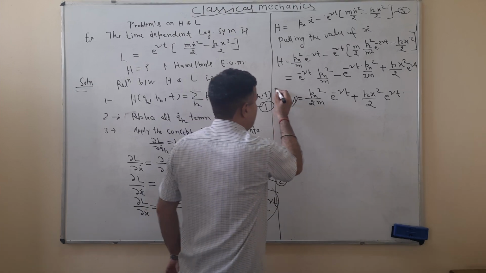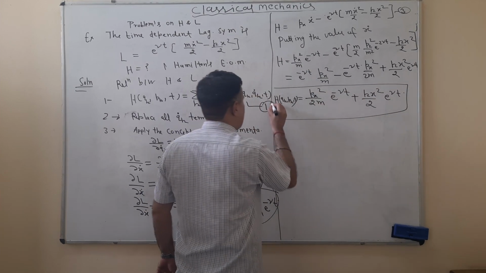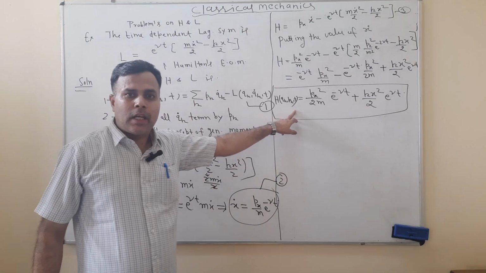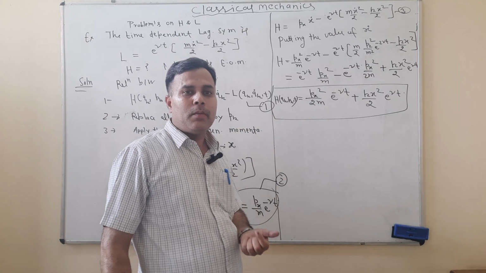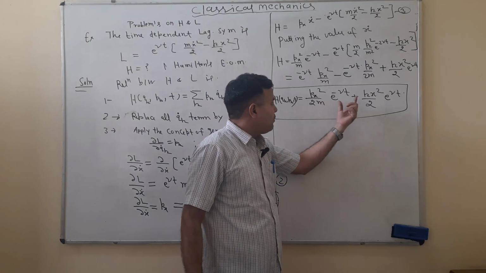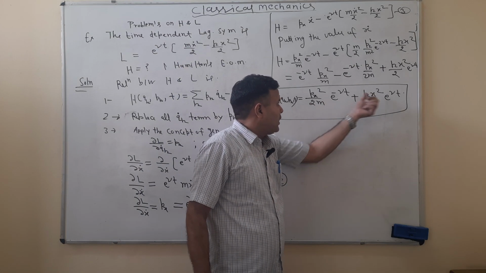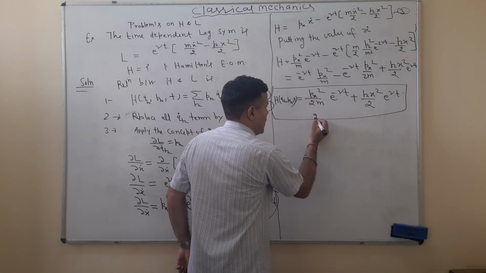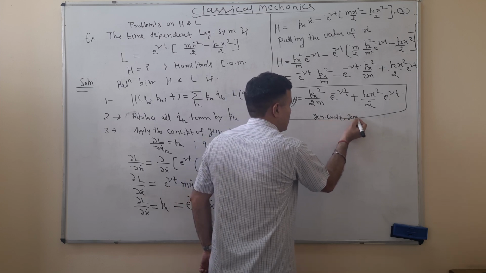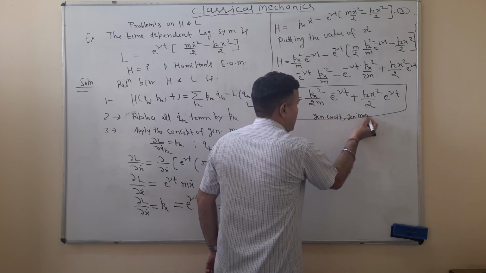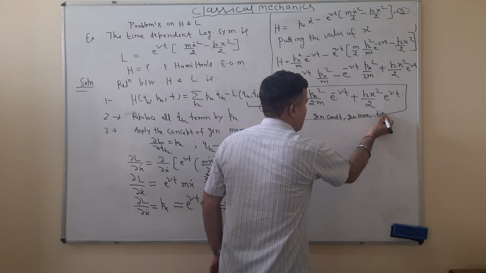Now in this expression there is no generalized velocity term. So this is the correct expression of the Hamiltonian, because we have only generalized coordinate, generalized momenta and time.